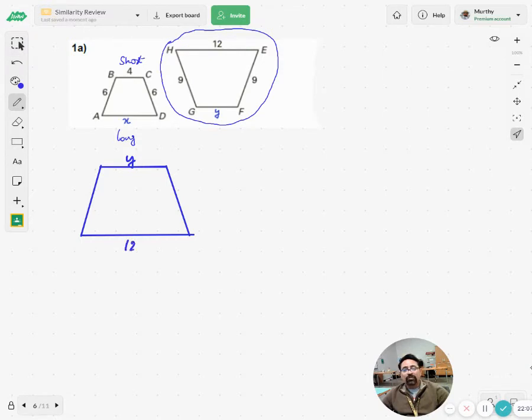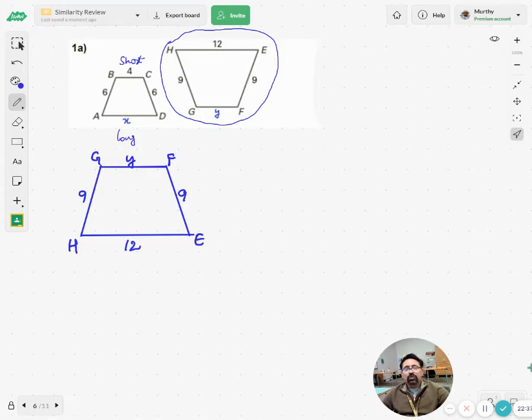The other two sides are 9 each. So this is 9 and this one is 9. Now the shortest side I see is GF. So G here, F here, and the longest one is EH.